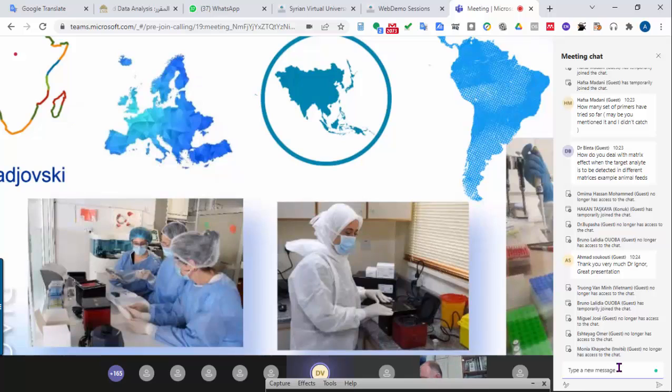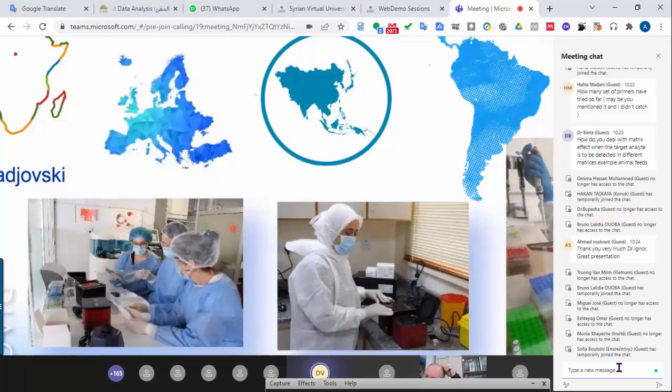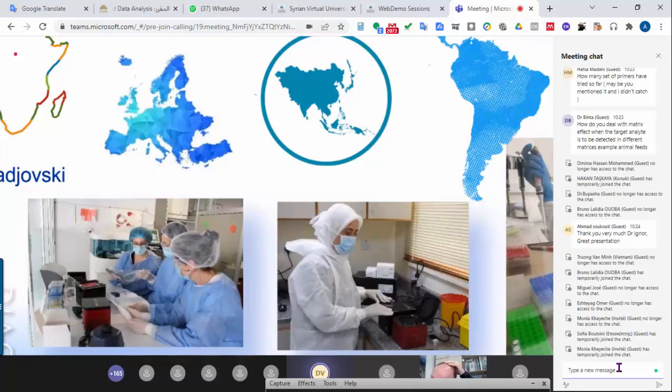Because I said that for the wild type specific assay, we have 2 sets of primers, and the first set was not specific enough. So the second turned out very good. But for the vaccine strain, we did it the 4th time only.